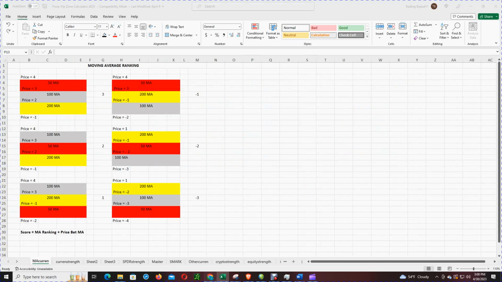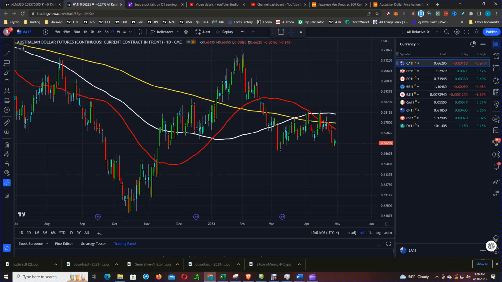So with that said, let's begin the analysis for April, and we'll start with the Aussie dollar. We can see price is below all three moving averages, and for the order of the moving averages, you have the white, which represents the 100 moving average, the yellow, the 200 moving average, and the red, the 50 moving average. So price is below, in the order white, yellow, red.